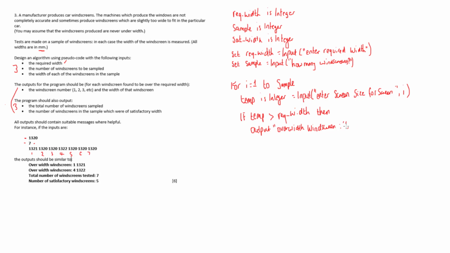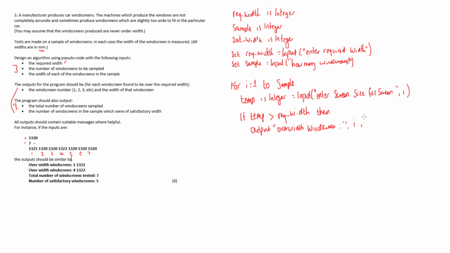Now how do I know its position? Well, this is the first one that we're on here, and I is going to hold the position every time. So if I put I there, it will say over width windscreen 1, or if it was the 4th screen, it will say over width windscreen 4. That will hold the position. And then I also need the actual size.